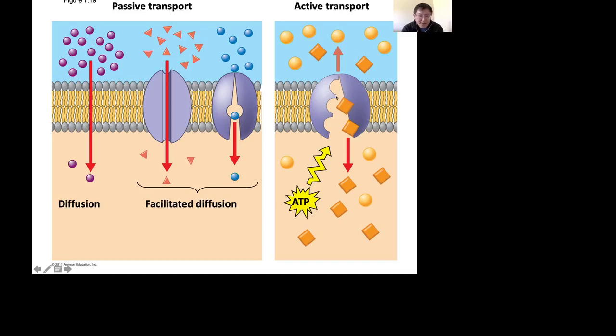The pump needs to bind with the sodium and the potassium, and if it has ATP to provide energy, it can allow the sodium across the membrane into the cell and the potassium across the membrane out of the cell. So this is the sodium-potassium pump.